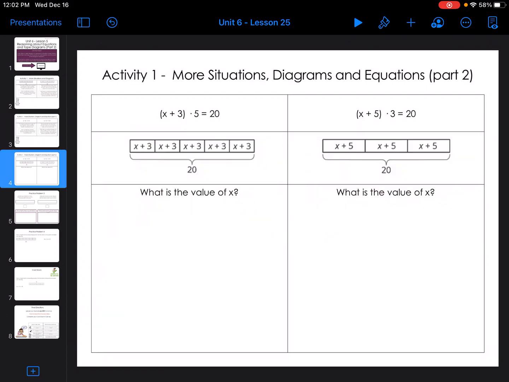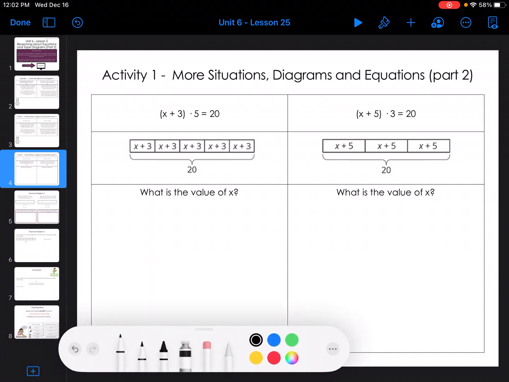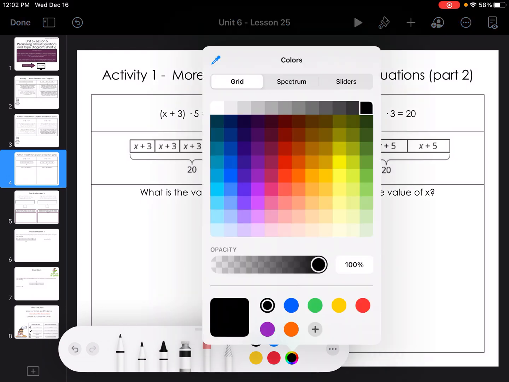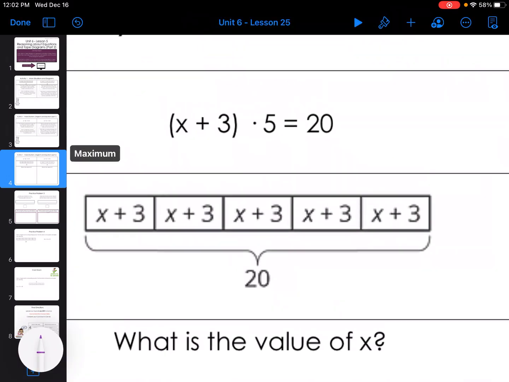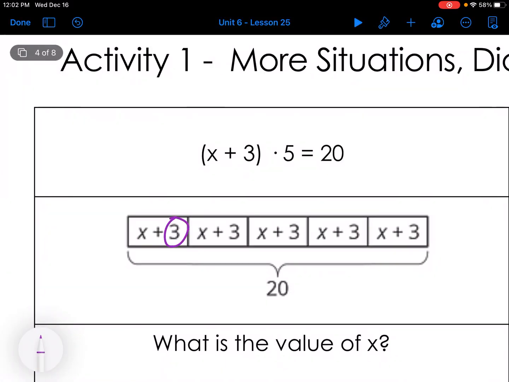All right, so now they want to know what is the value of x. I can solve it a couple of different ways. We've been doing this for several days now. First, I'm going to change my color. I'm digging purple. Okay, there we go. I have 1, 2, 3, 4, 5.